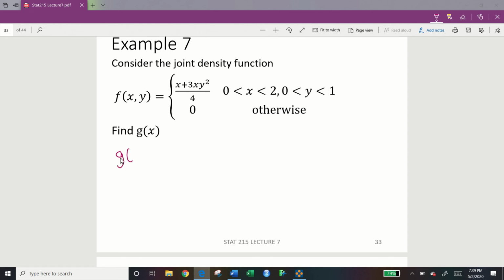So as we are trying to find g of x, remember that means we are going to need to integrate over y. So this will be integral from 0 to 1 of x plus 3xy squared all over 4 dy.